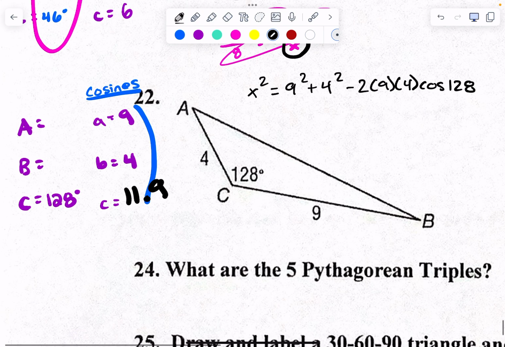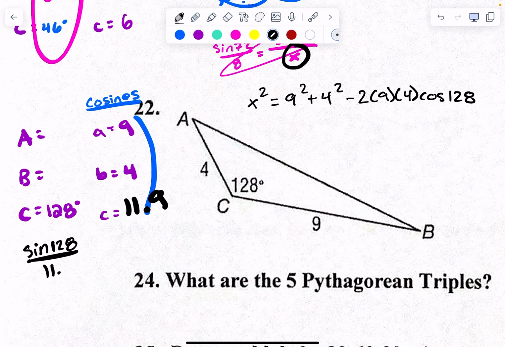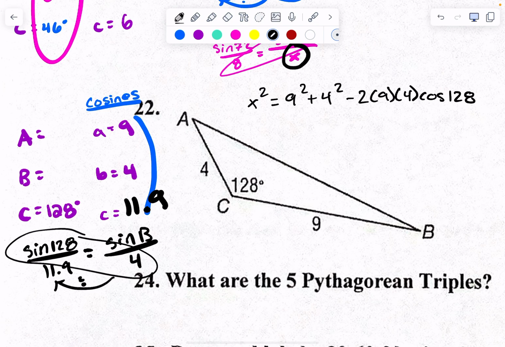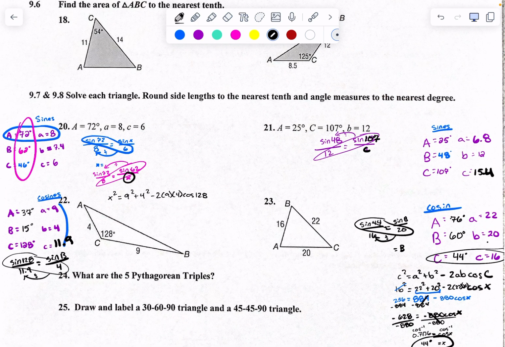All right, I don't trust this calculator, so. Did you go B or A? B? Okay, good.